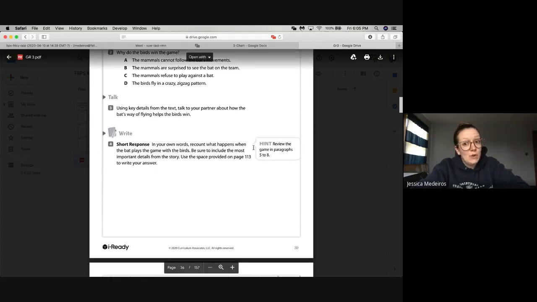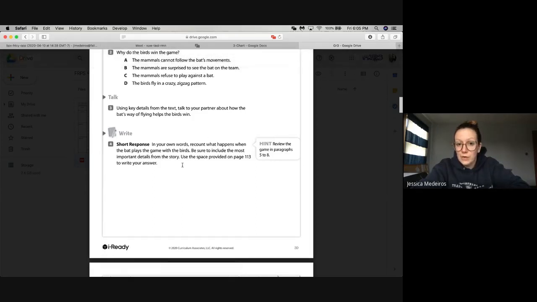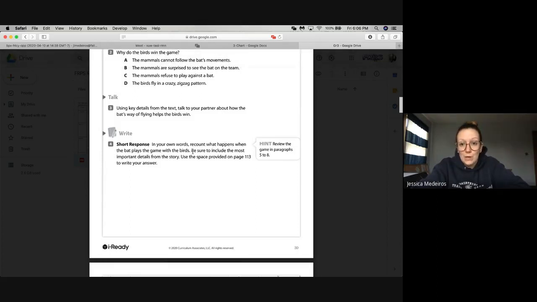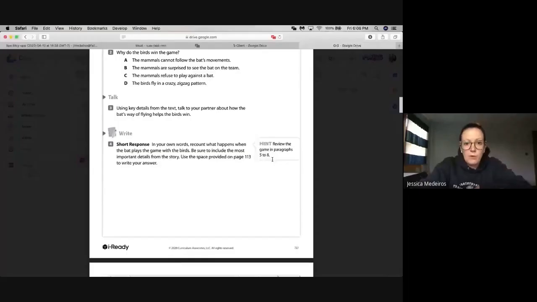Now there's a big hint over here. This does not ask you to recount the whole story. It asks you to recount what happens when the bat plays the game with the birds. So right here it tells you to review the game in paragraphs 5 to 8. Remember, you can always go back and look at the story to help you find your answer.